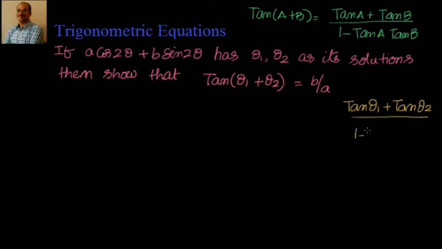This is nothing but equal to tan of theta 1 plus theta 2, because this is following the same formula, tan of A plus B, tan A plus tan B by 1 minus tan A tan B.